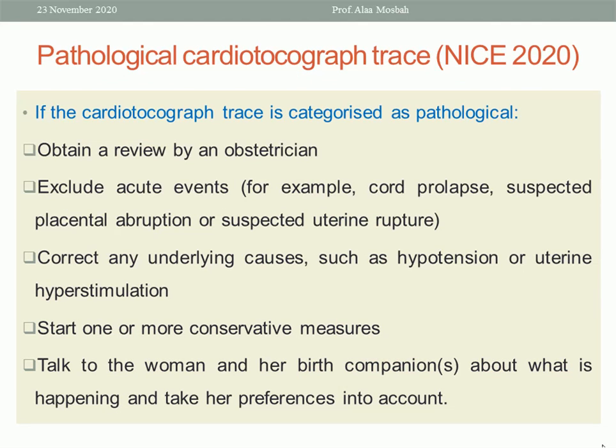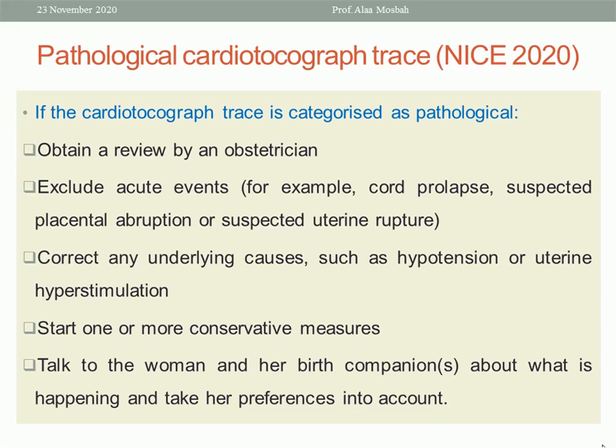According to NICE 2020, what are you going to do if you have a pathological cardiotocography? First, obtain a review by a senior obstetrician. Exclude acute events like cord prolapse, suspected placental abruption, suspected uterine rupture, and of course you should deal with this emergency immediately.